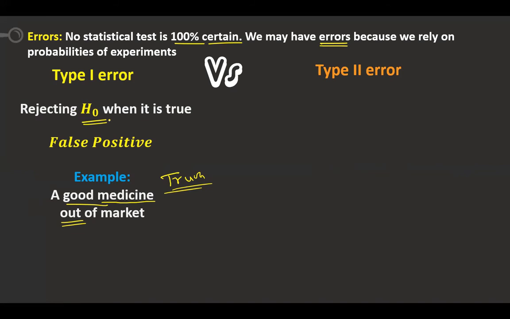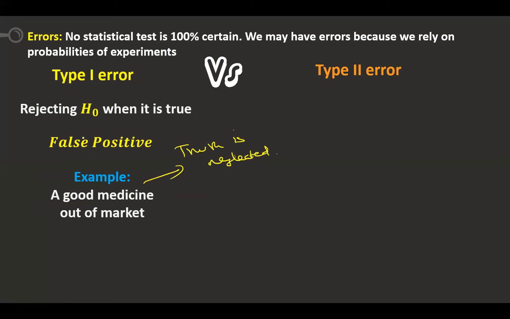Okay, now H naught is truth, it is rejected, so it is called the type 1 error. Type 1 error is false positive. Okay, now innocent is punished. So you can remember this also. You can remember false positive, or you can remember a good medicine out of market. Otherwise, my own example I will give you. Truth is neglected.